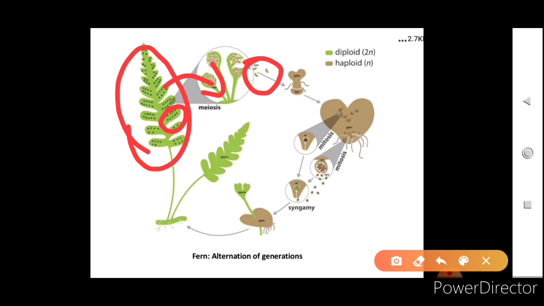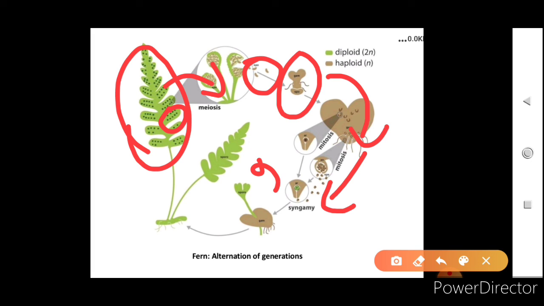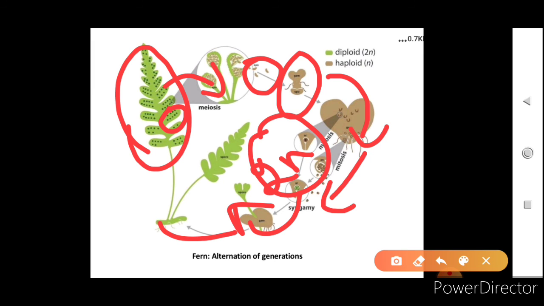Now these spores will unite with each other and they will form the diploid body. After fertilization and syngamy there will be production of the diploid body, that is 2n, and from here the sporophyte will be formed, that is the main leaf.